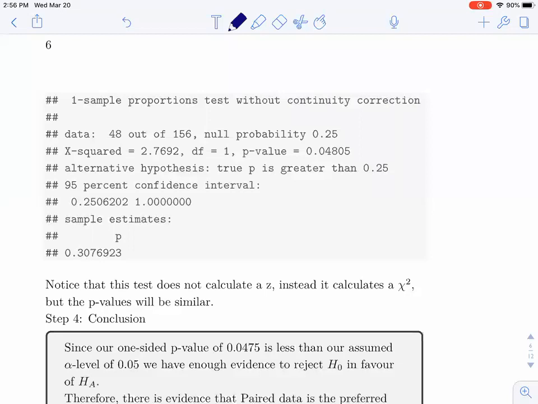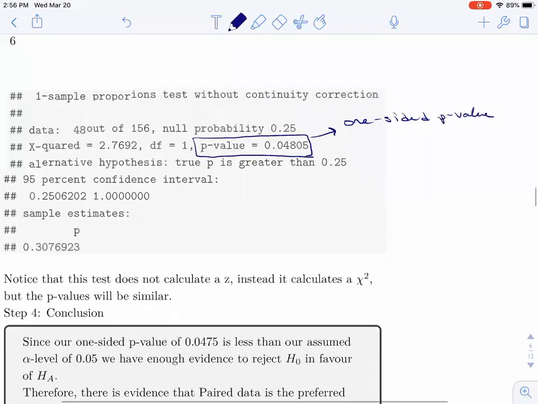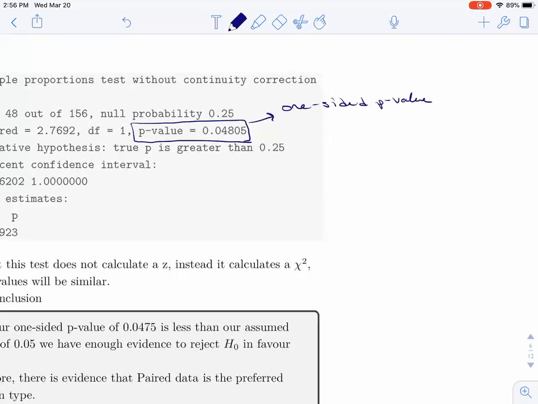And so here's your p-value. This is your one-sided p-value, which is similar to 0.0475.